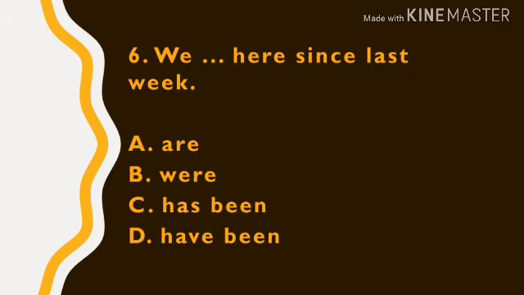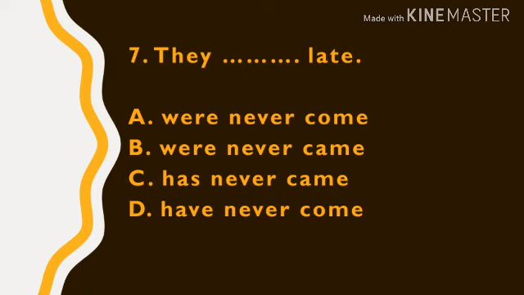Number 6. We blah blah blah here since last week. What's the answer? Is it are, were, has been, or have been? The answer is D, have been. Number 7. They blah blah blah late.